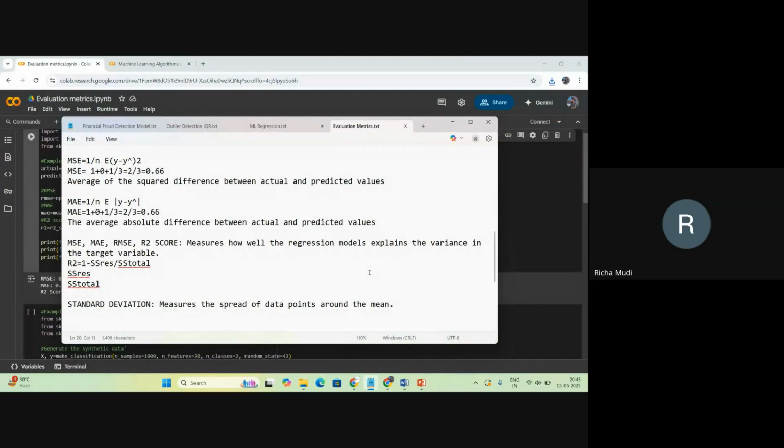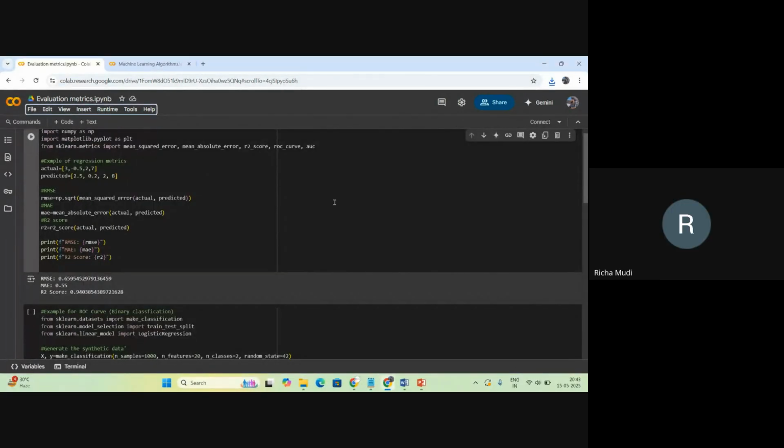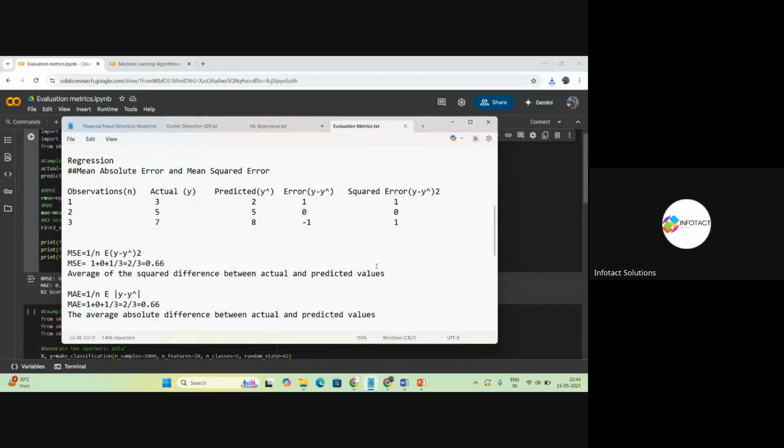For the MAE, which is the mean absolute error, it is the average absolute difference between the actual and the predicted values, right? Here the values are 1, 0, and -1. Can you go back to the notepad, please? Yes, definitely. Please correct me if I'm wrong.